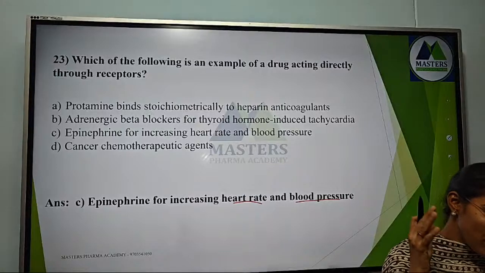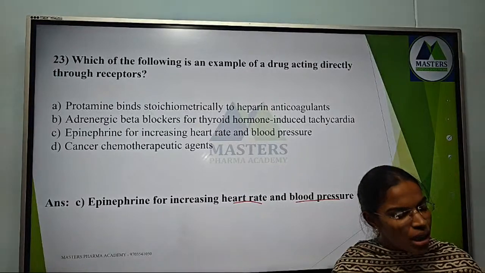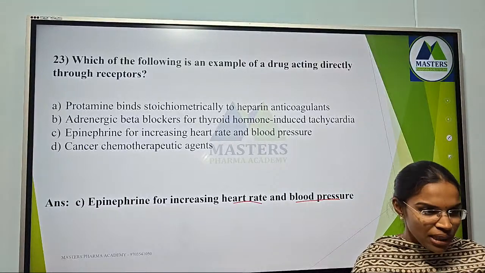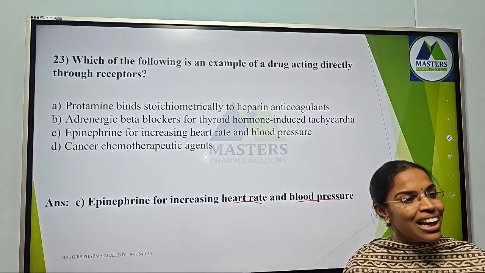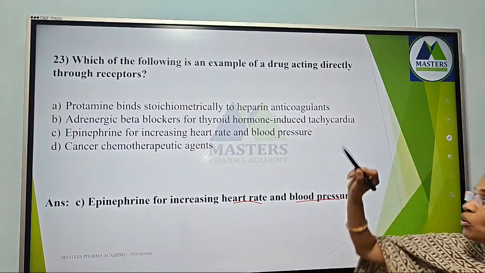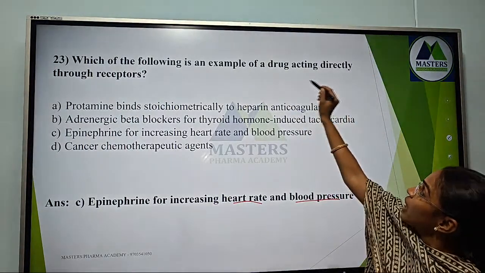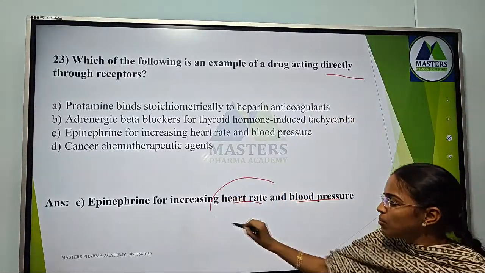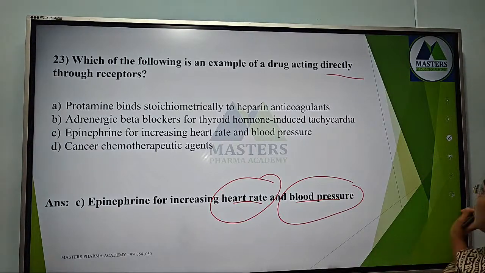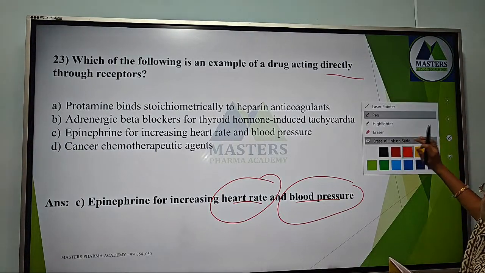Whatever the drug may be, whether chronic or immediate effect, it should act on the receptor. But there is direct action and indirect action, acting through different mechanisms. So you try to correlate here: directly acting should be something related to direct immediate actions. Okay, so moving forward to the next question.